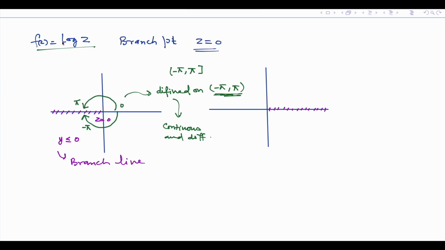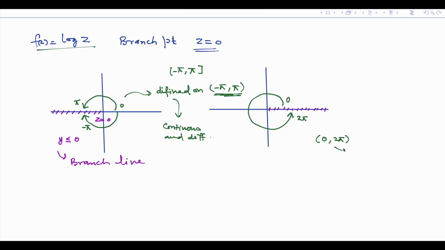Suppose you want to define some other branch. Let's say I define from here to complete this direction. I started with 0 and left over with 2 pi, so 0 to 2 pi open.